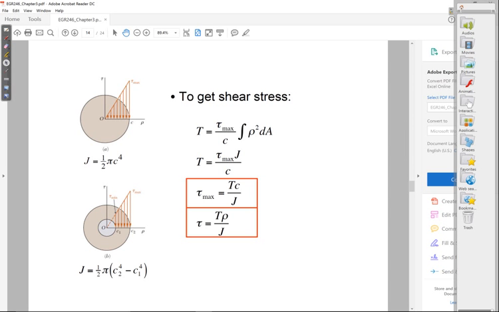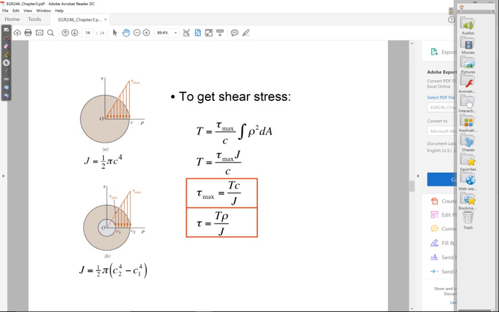Because the shear strain goes from 0 at the center of the cross section to a maximum at the outer surface, the same thing happens with your shear stress. It's 0 at the center of the circle going to a maximum at the outer surface.